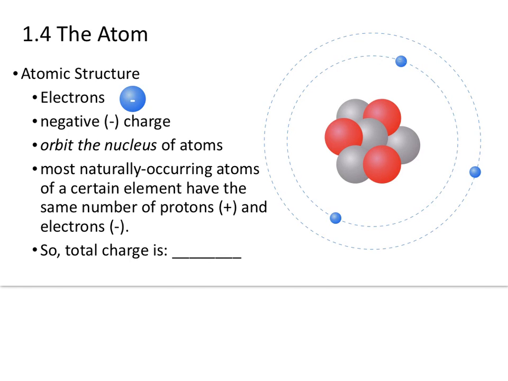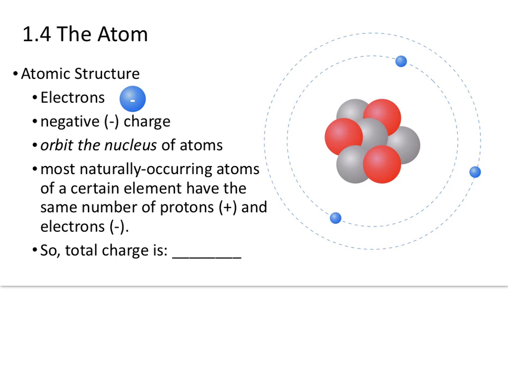So in this atom right here, we have two electrons in this first shell, and we've got the third electron in an outer shell right there. We're going to talk later about how a specific number of electrons can exist in each shell, and that's kind of how they arrange themselves.